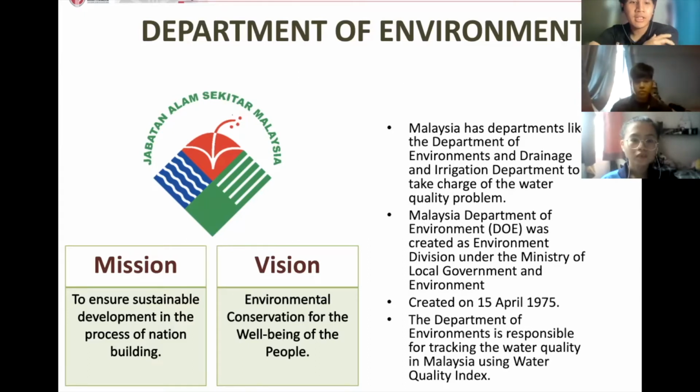Their vision is to ensure sustainable development in the progress of nation building, and to conserve the environment for the well-being of people.